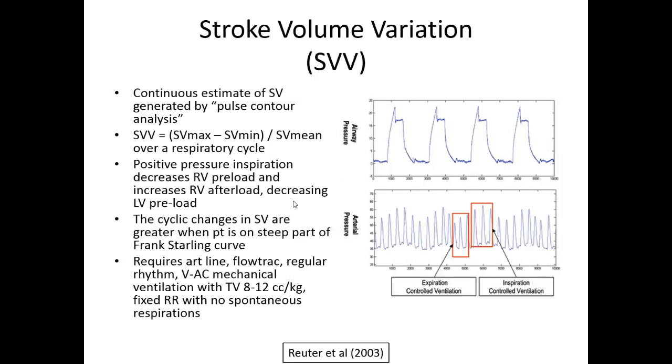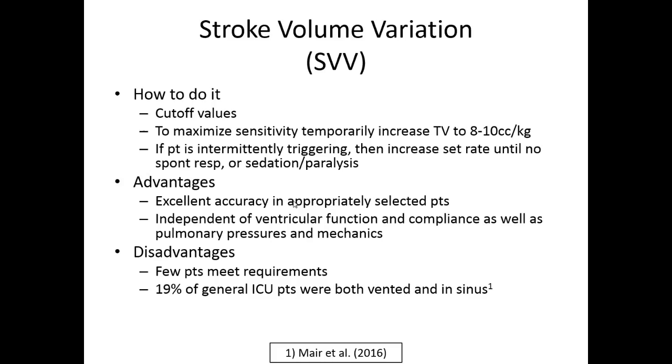So the cutoff value for stroke volume variation, excuse me. In intubated patients, to look at the stroke volume variation, they need to be on positive pressure. They need to have the same positive pressure with each breath.